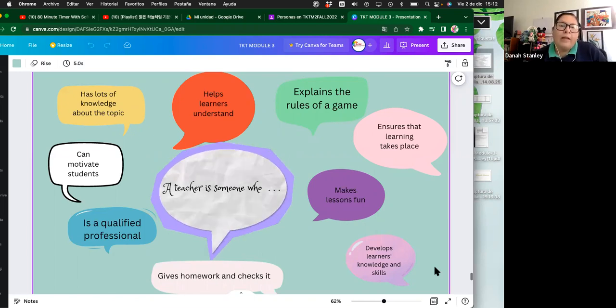Is the one that gives homework or home practice, and the one who checks it. The one that provides the feedback, the one that corrects the students, and probably is the one that is observing and decides if he will continue giving further practice, or can move to the following topic.